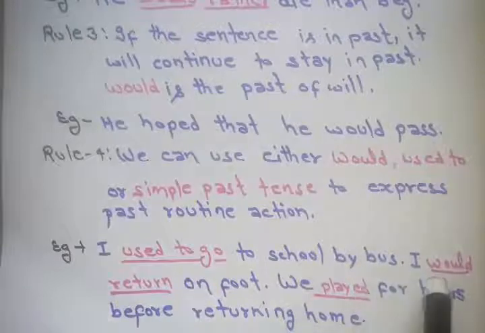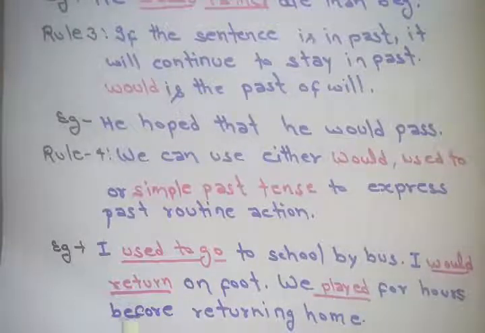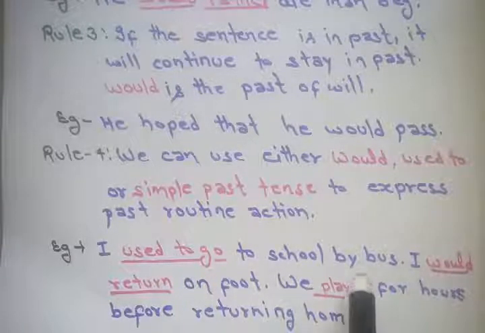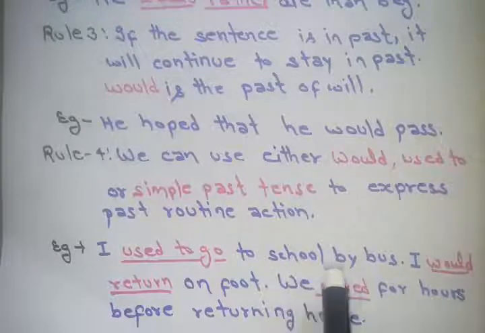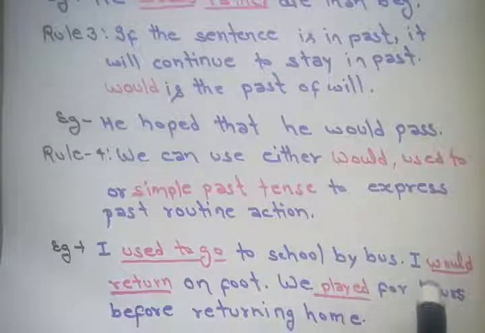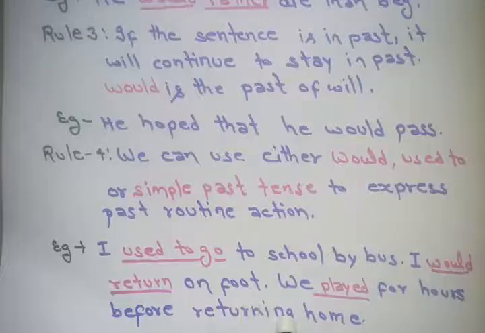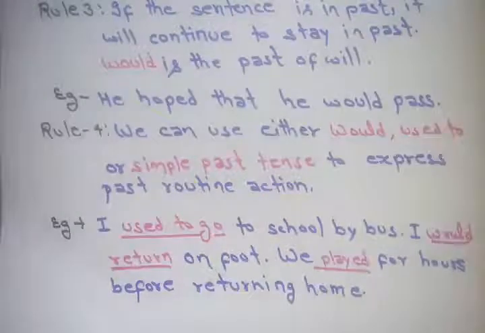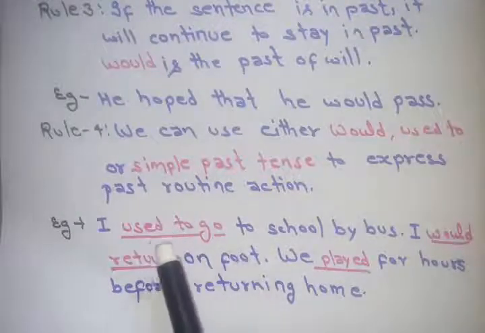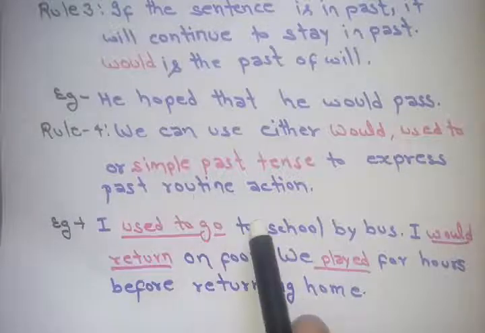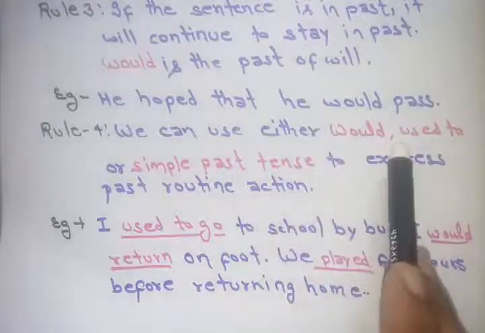We played for hours before returning home. And we can write it, we used to play for hours before returning home. So we can write these types of sentences in three ways.